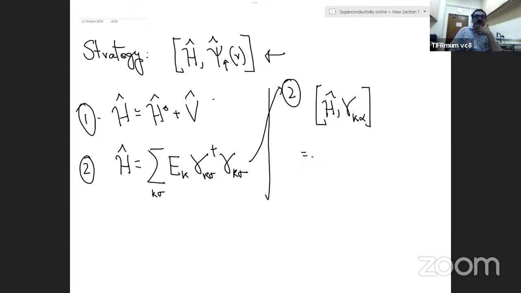The one that has the same spin will give me minus Ek gamma k sigma.